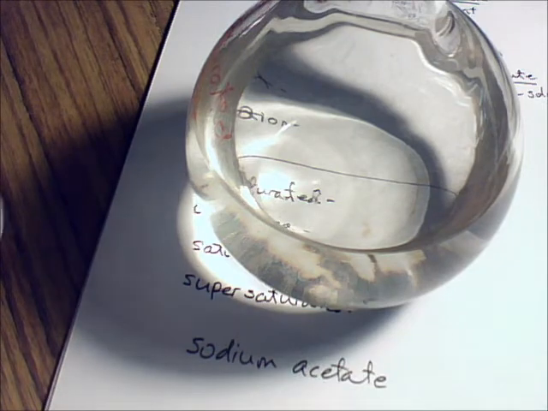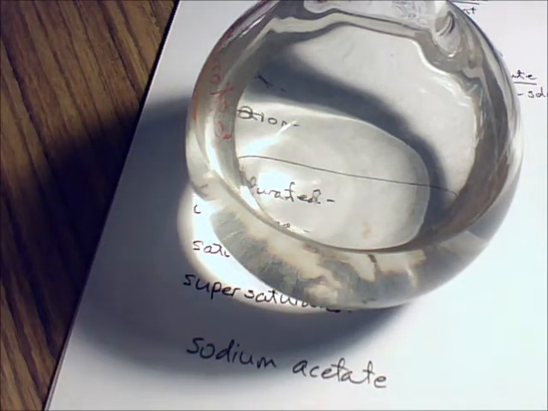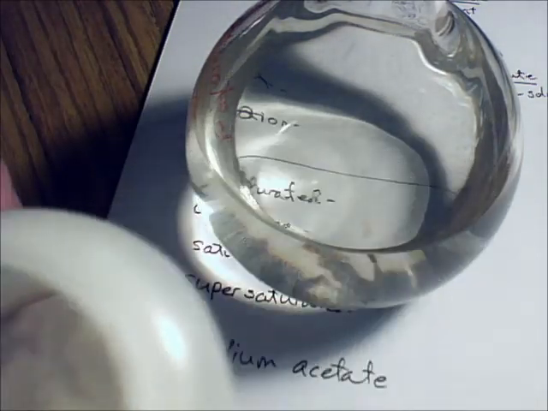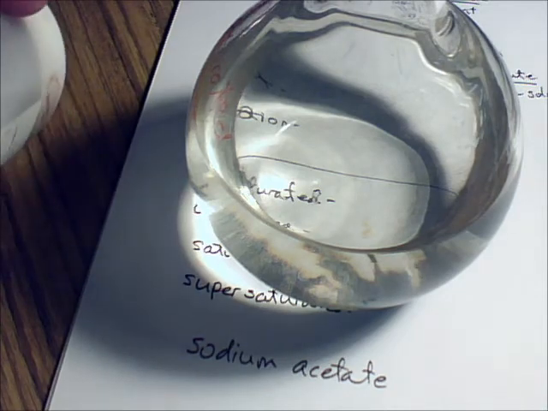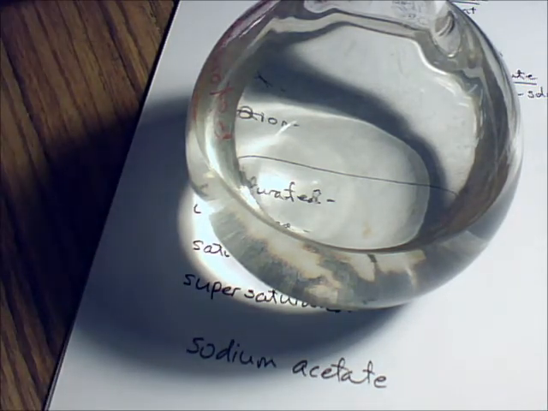I dissolved sodium acetate in here, and this is still the dry powder crystal form of sodium acetate. Here's what I'm going to do. I'm going to get just a small amount of sodium acetate out here.